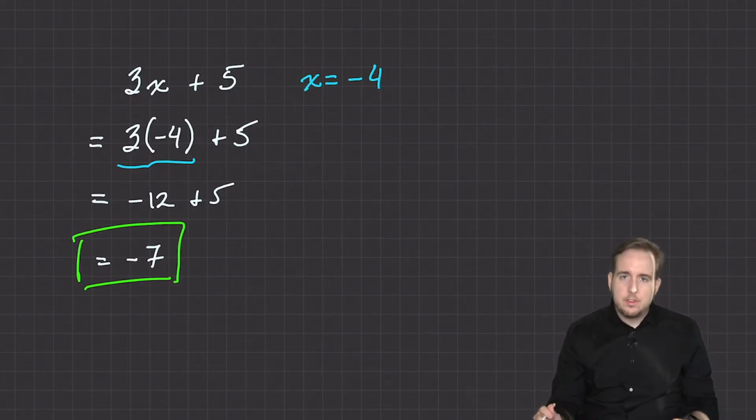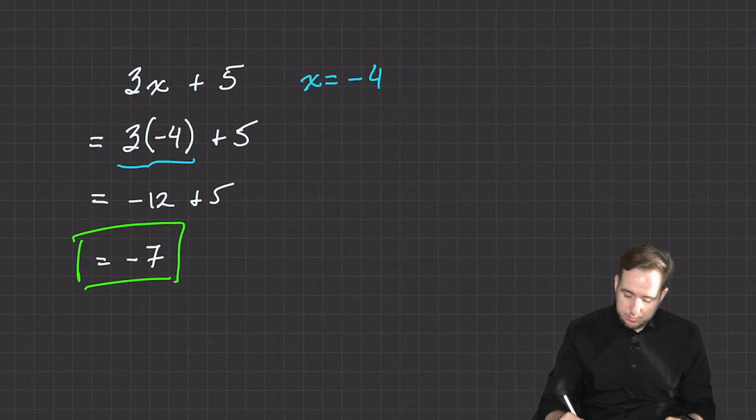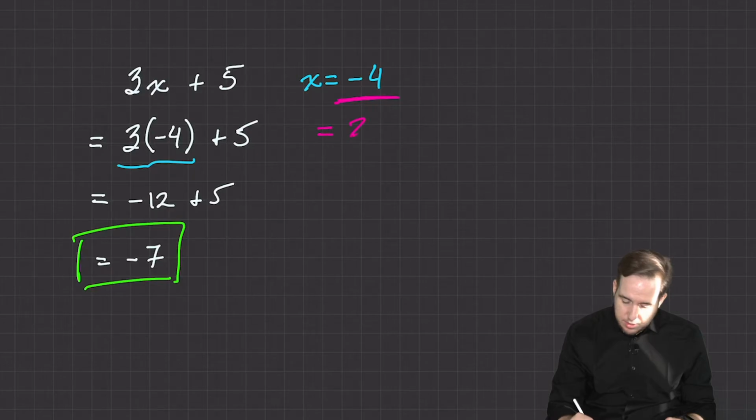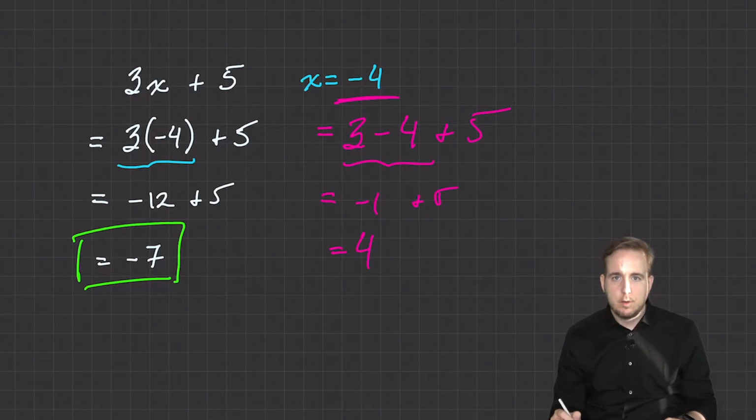The problem with negative numbers is because we use the same symbol for negative and subtraction, if you rush, you will wind up writing this. And I'm going to pick another color because this is not what you want to do. If I substitute in this minus 4 in a hurry, I will get equals 3 minus 4 plus 5. And then I will do 3 minus 4, which is minus 1, plus 5, which is 4. Which is obviously not what was intended.